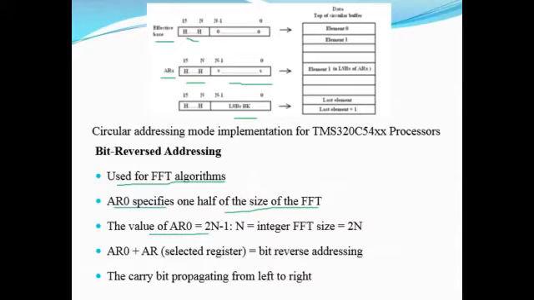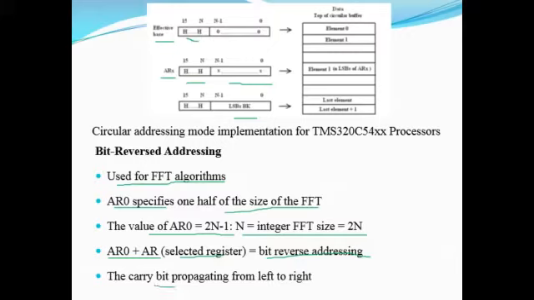So the value of AR0 is 2^(n-1), where the FFT size is equal to 2^n. So by considering n equal to 4, 8 or 16 we can identify the FFT size. Similarly, AR0 plus AR, which is a selected register, is equal to bit reverse addressing.